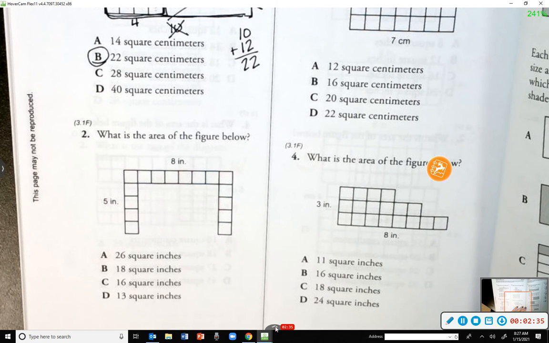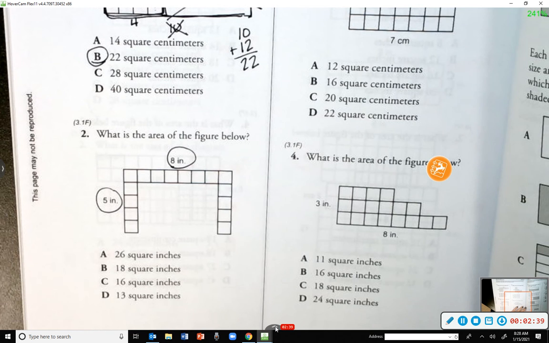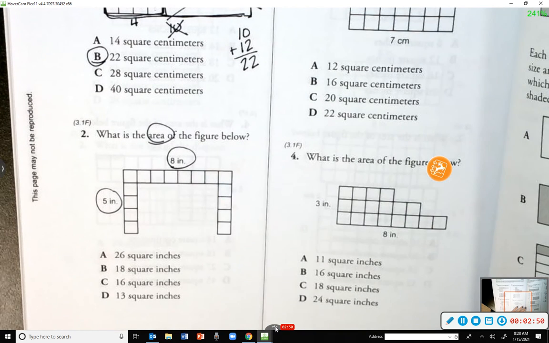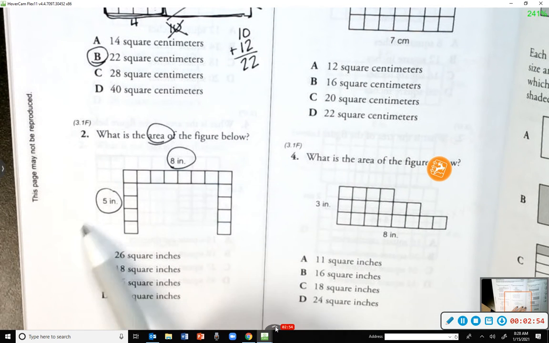Why can't I do 8 times 5? It gives me the length and the width. Why can't I do 8 times 5 on this one, though? Anybody? No? Kelsey, you know?